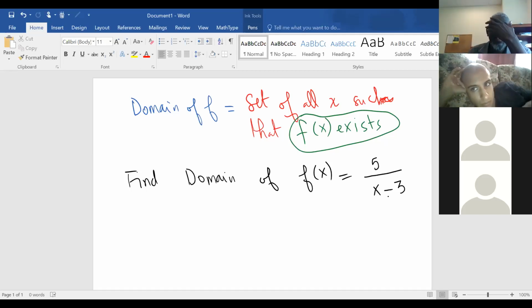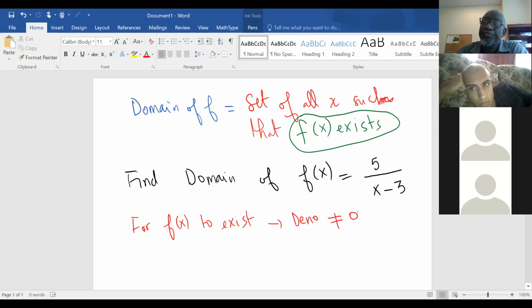So I say here, for f of x to exist, x minus 3, the denominator, cannot be 0, right? If I saw another condition, I would add it, but the only condition I see here is the denominator cannot be 0.